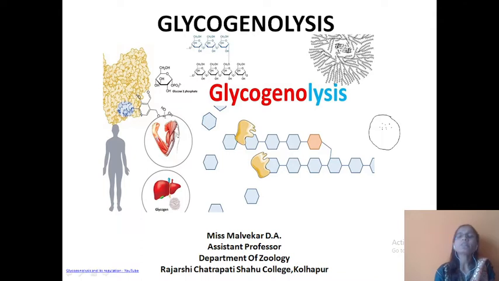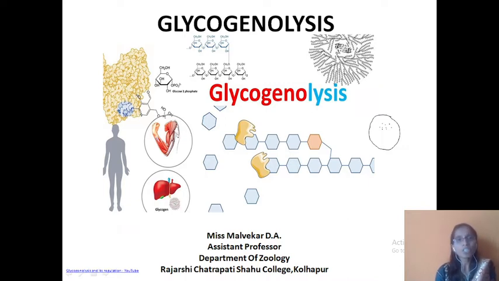Because whenever we eat, the number of glucose molecules in the blood increases, and when there is no demand for that glucose, if it remains as it is, it is hygroscopic. So the body will not keep that glucose as it is for a longer time. It has to be stored in a different form so that it does not absorb so much water, and in future it can be used whenever the body demands.